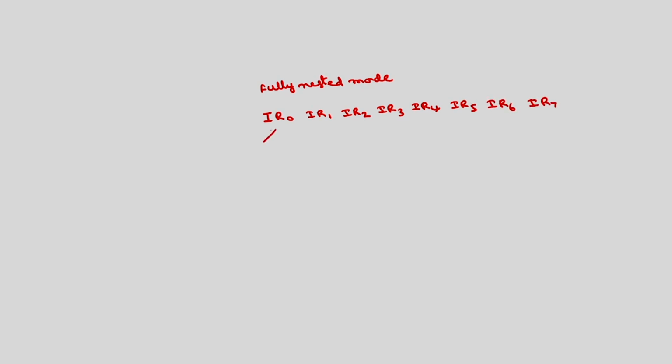So, IR0 will have the highest priority. I will represent the highest priority with number 0. Then the next one has the next highest priority, 1 is IR1, then 2, 3, 4, 5, 6 and 7. IR7 has the lowest priority.